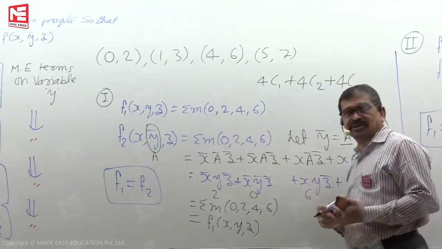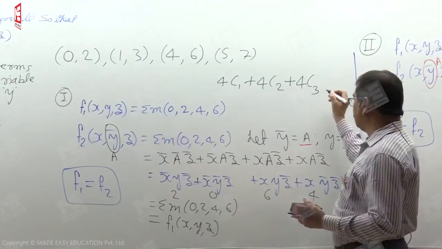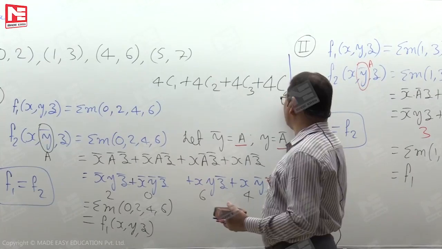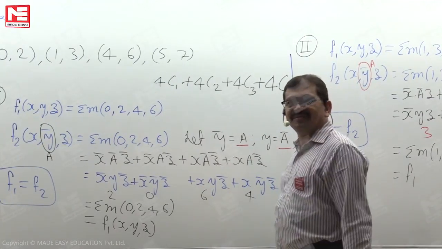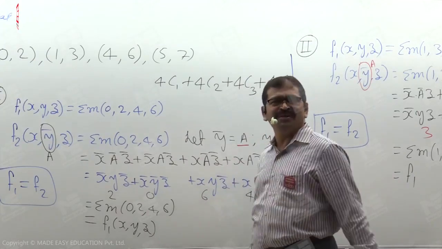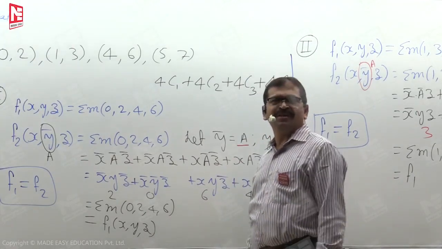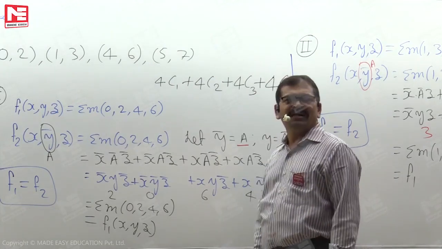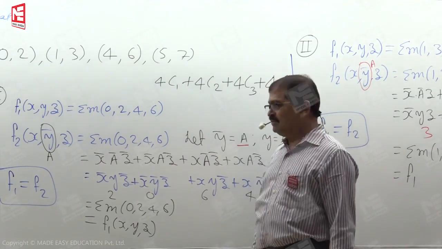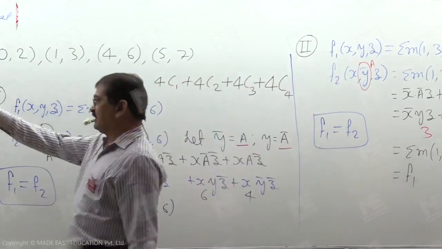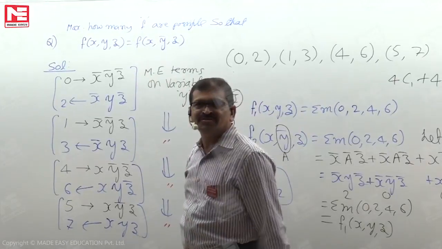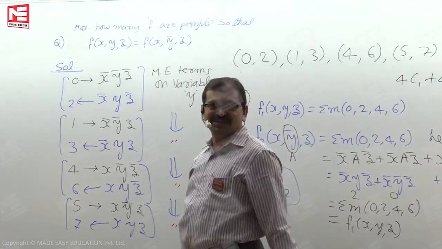So how many possibilities are there? 4C4. When we take all 4 pairs as minterms, all the combinations are minterms, so for any value of x, y, z or x, y bar, z, the function output is always 1.